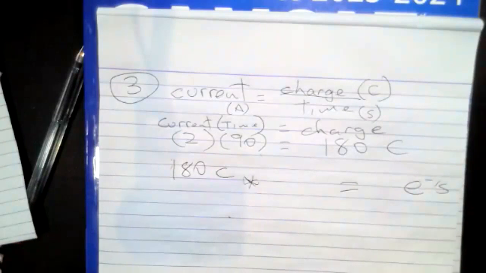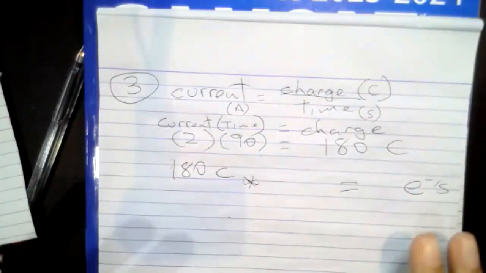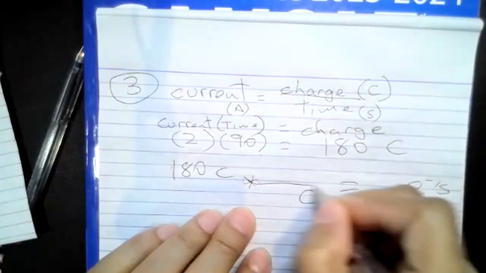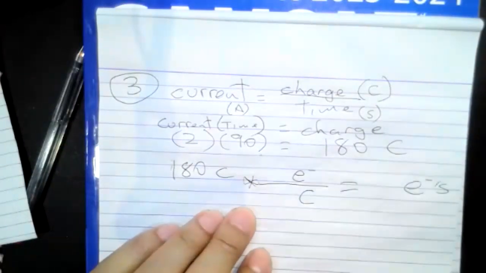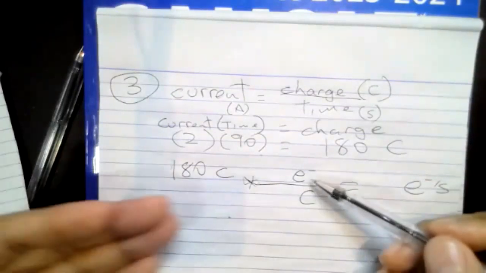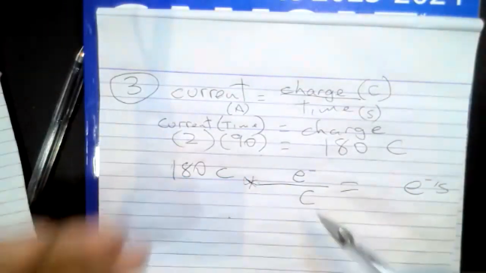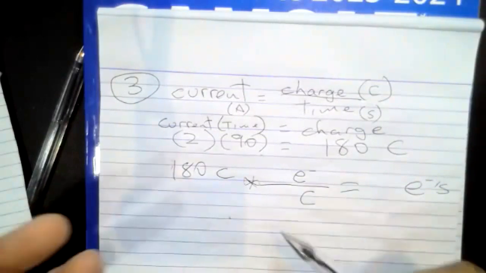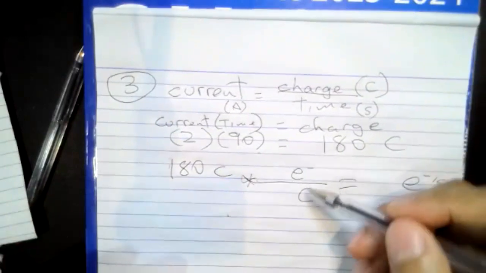This is the same dimensional analysis as we did before. I want coulombs in the denominator. I want electrons in the numerator, and then the coulombs will cancel and I'll end up with electrons. So what is the number one that I can multiply this by without changing it, because this is equivalent?